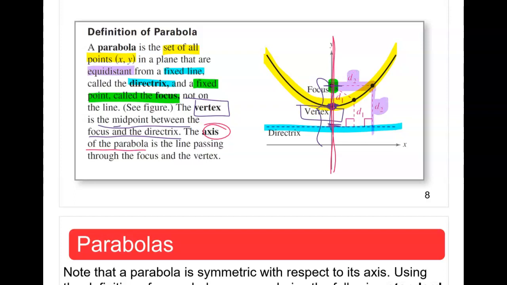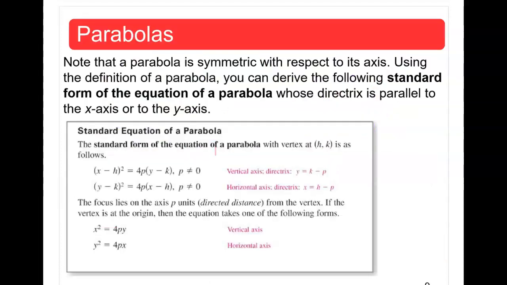Also, we can look at this other case. For D1, we are looking at this point here, and the distance from that point to the directrix is the same as from that point to the focus. And just so you know, it needs to be perpendicular with the directrix, and that's why we have that 90-degree angle. Note that a parabola is symmetric with respect to its axis.